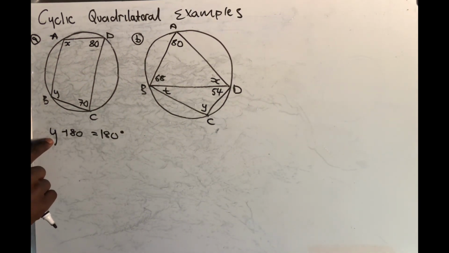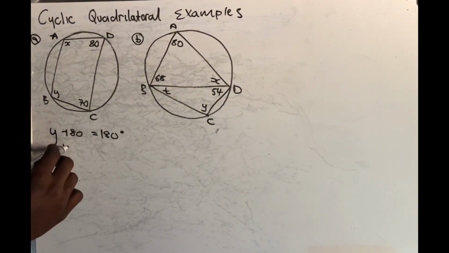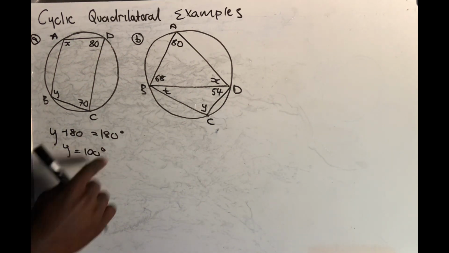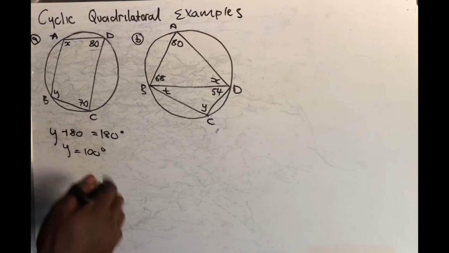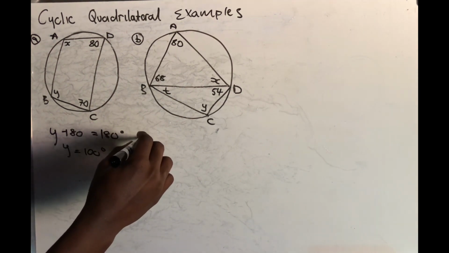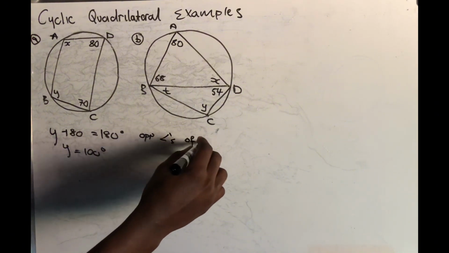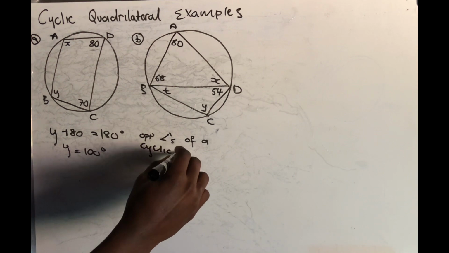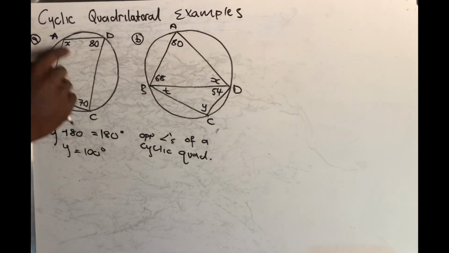But we want y, so we take the 80 to the other side. 180 minus 80 is equal to 100 degrees. And your reason will be that opposite angles of a cyclic quad add up to 180.